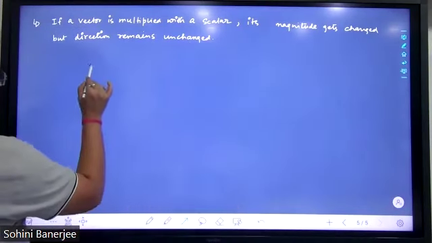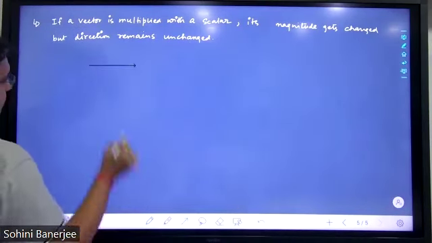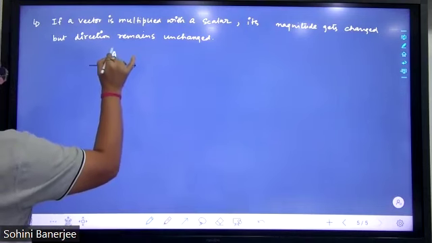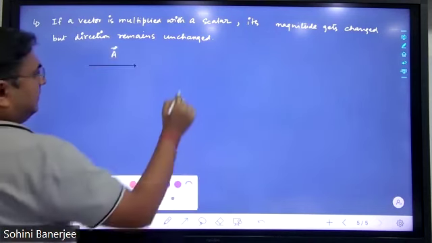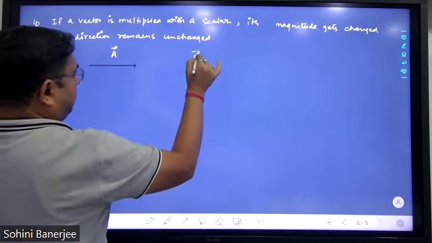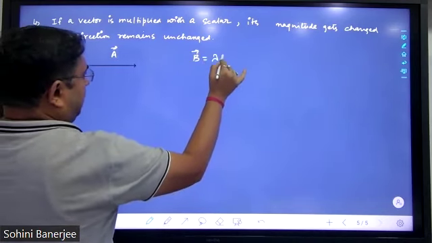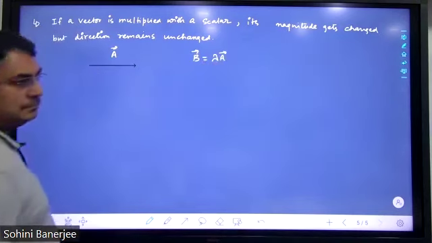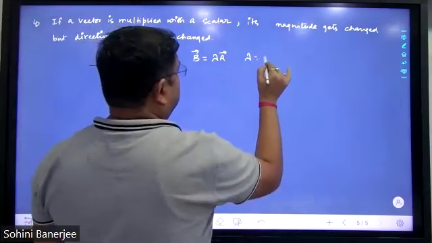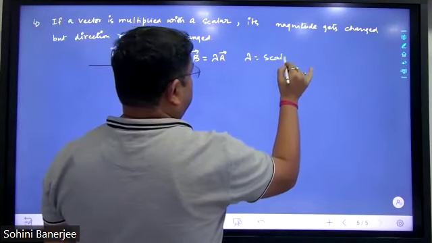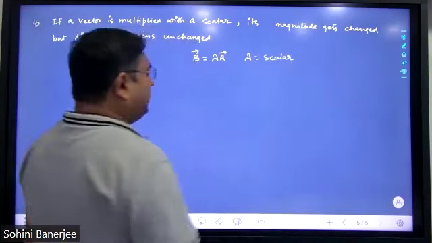Say this is A. Now you have B, which is lambda A. This lambda is a scalar quantity. Lambda is a scalar.